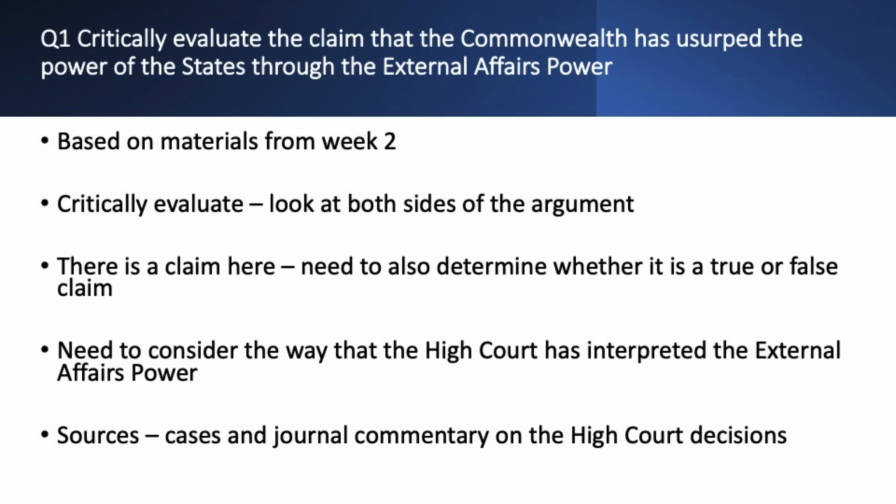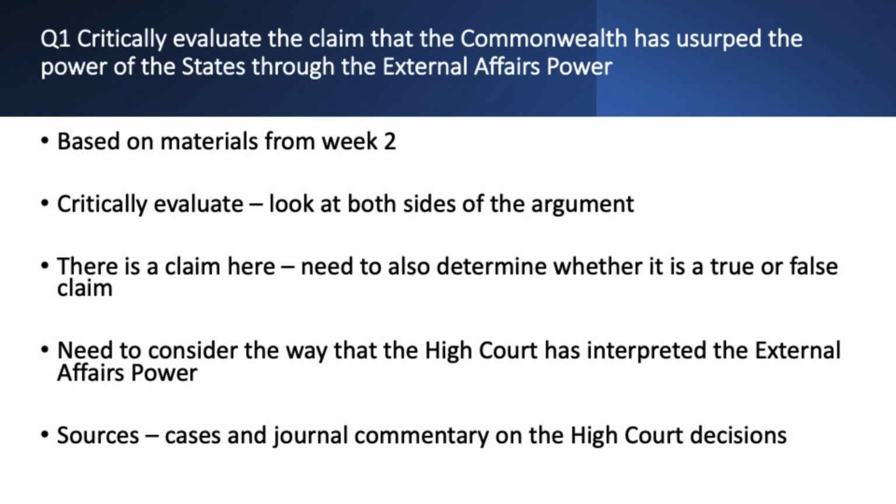So you'd need to provide a summary of what the issue was, and then focus on what the High Court said in relation to how the external affairs power should be interpreted, and how the relevant Commonwealth legislation was therefore regarded as being within the external affairs power, which meant that, of course, ultimately the states would be unable to legislate on that where the state legislation was inconsistent with the Commonwealth legislation.